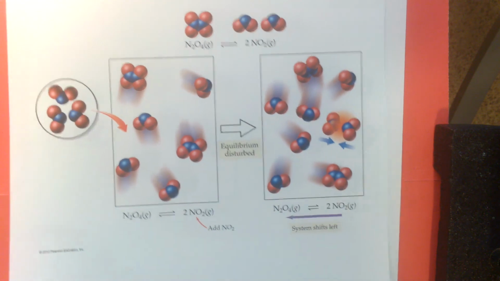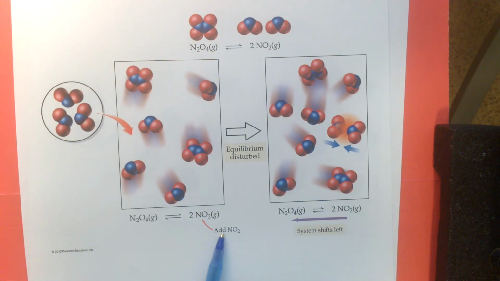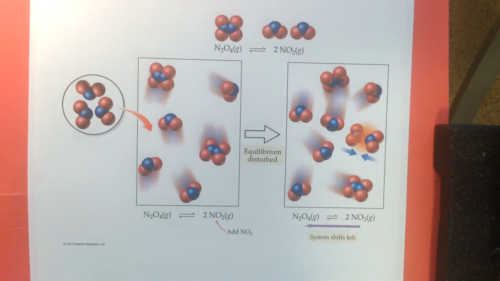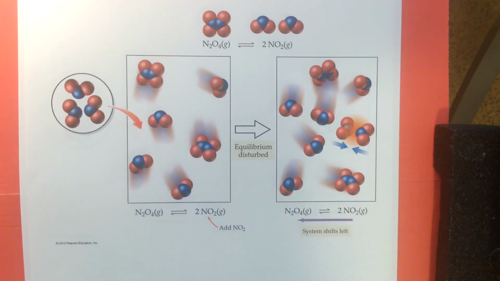You notice in our previous example, when we added NO2, we shifted away, we shifted to the left, to the N2O4. I hope this video just helps you see visually with these pictures how LeChatelier's principle describes and gives you an explanation of shifting an equilibrium in a reaction system.